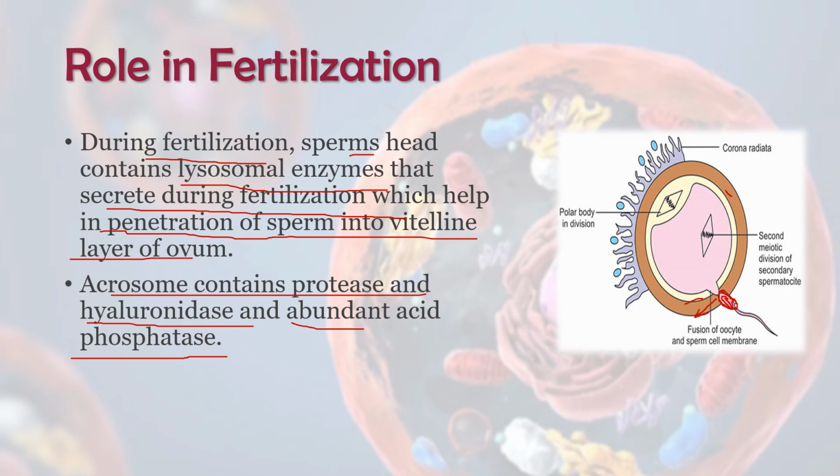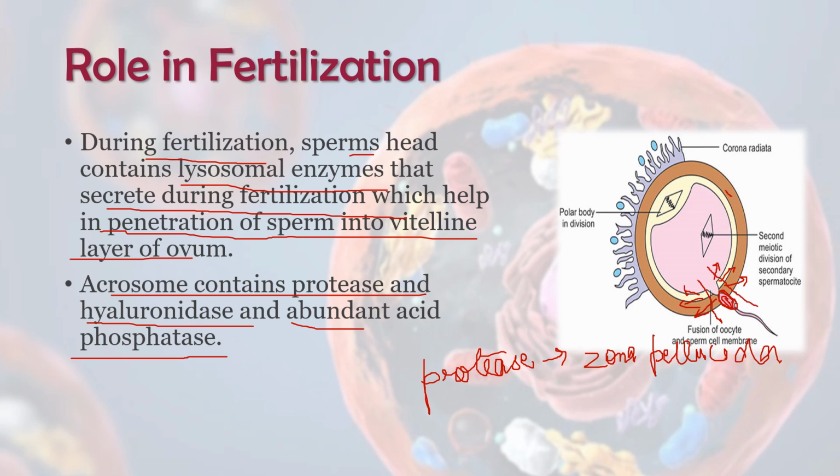So the hyaluronidases help in dispersion of the cells around the oocyte, and the proteases help in the breakdown of the zona pellucida, thereby forming a channel.